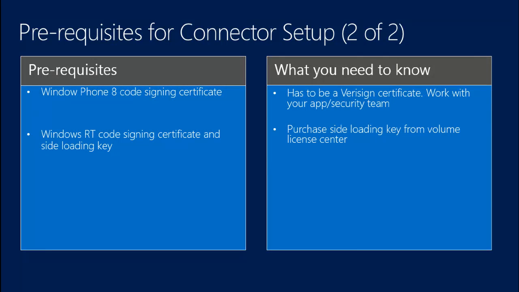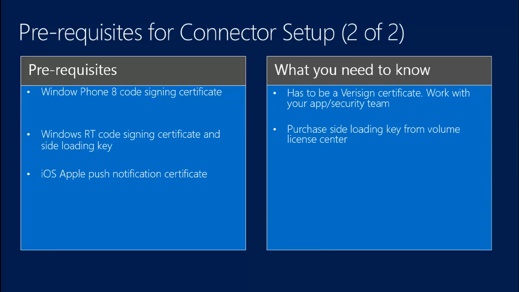The sideloading key can be purchased from the Volume License Center. We will talk later and give more details about the code signing certificate for Windows RT specifically, and about the sideloading key and some things to watch out for with this scenario, especially with the sideloading key.